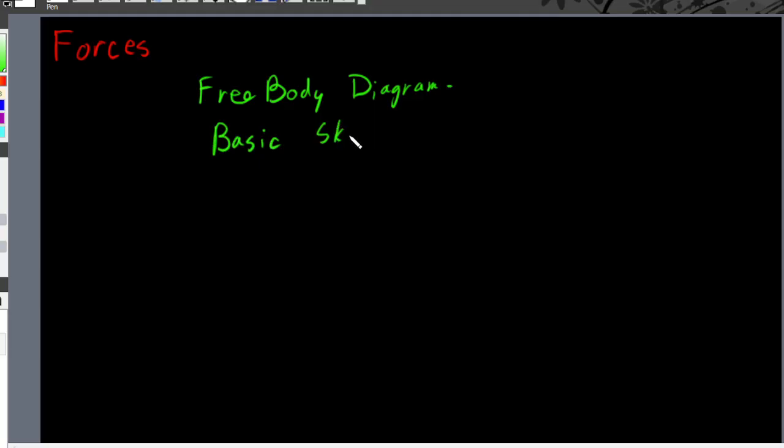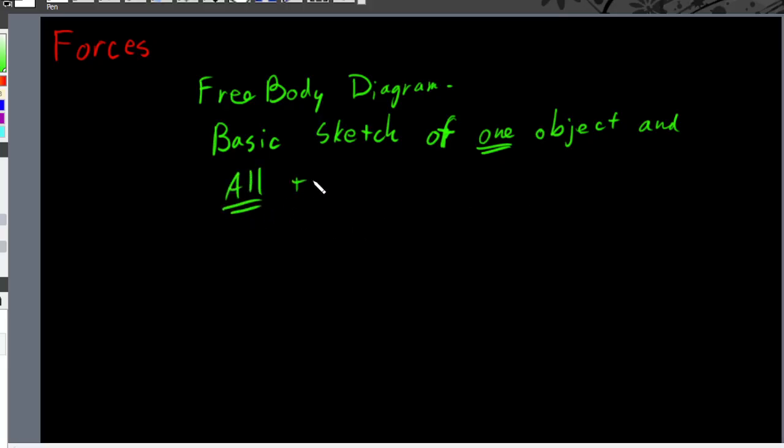It's not complicated, just basic, of one object, only one, and all the forces acting on it. So a free body diagram is a basic sketch of one object and all the forces acting on it.